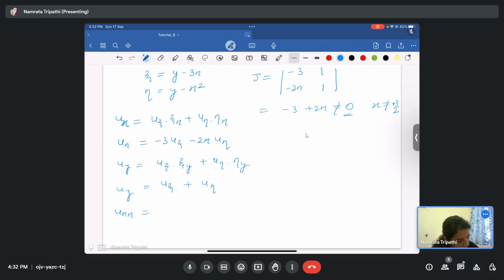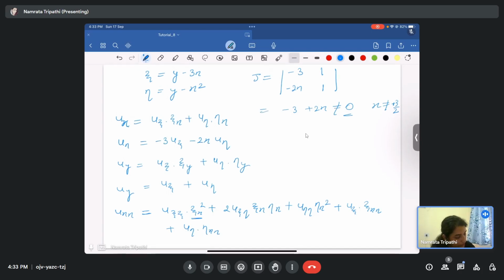The value of u xx we have already calculated. You can take this term also. Fine. Now what is the value of xi x square? It is 3.